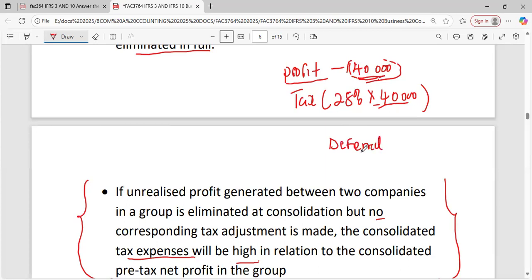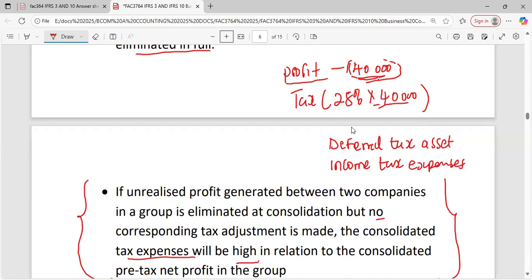It's everywhere. Here you are going to have a deferred tax asset. We are going to reduce the tax, then it's going to be a deferred tax asset. When you recognise the deferred tax asset, you are now going to reduce your income tax expense.